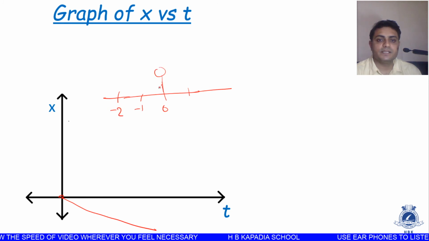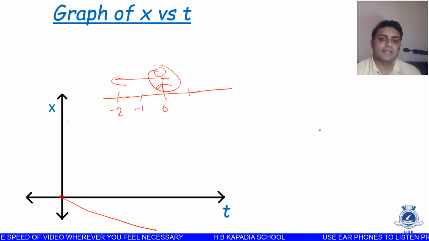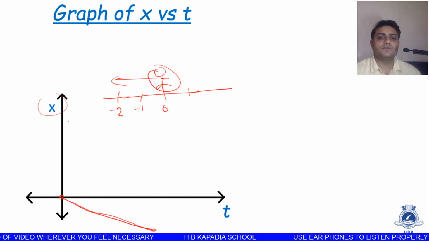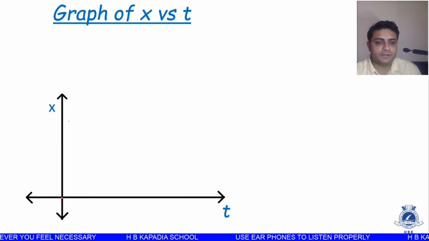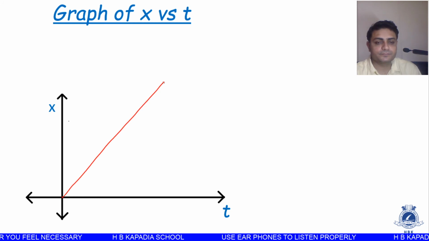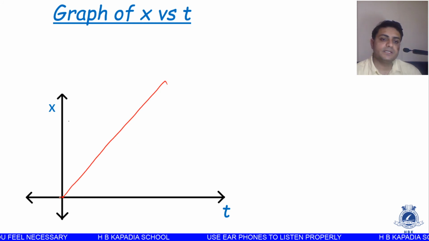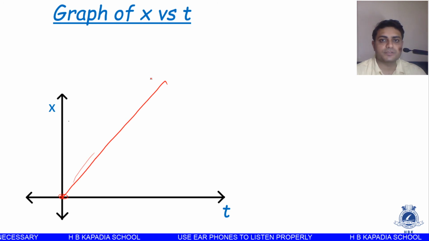So if the object initially is at origin and if it is moving towards negative direction, we have to take the graph like this. This will be the graph for the value when the object is moving towards negative direction. And of course we have taken this case. Once again I will tell you, this is the case when the object initially is at origin and it is moving towards positive x direction.